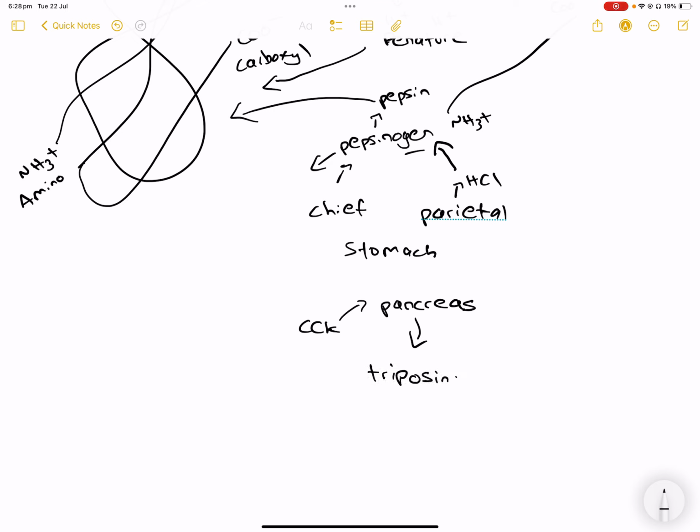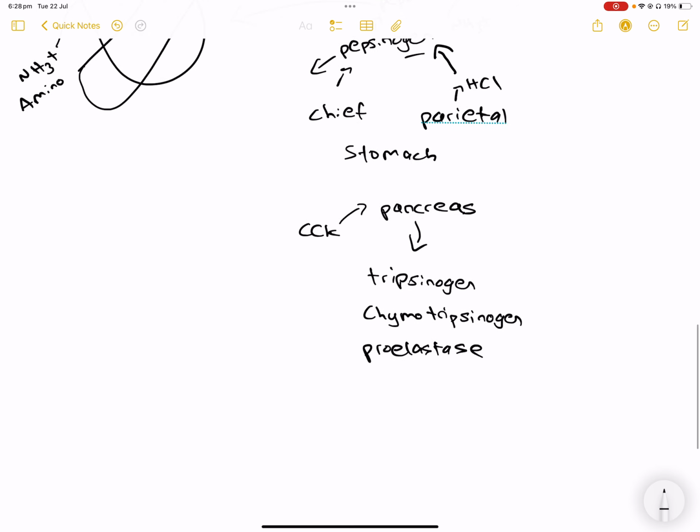Trypsinogen, chymotrypsinogen, proelastase, and procarboxypeptidase.